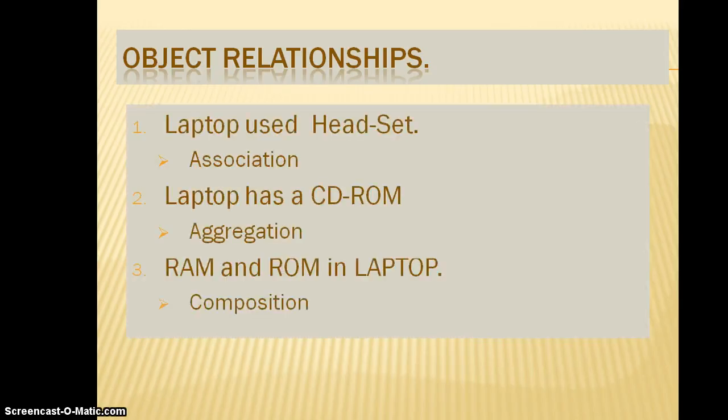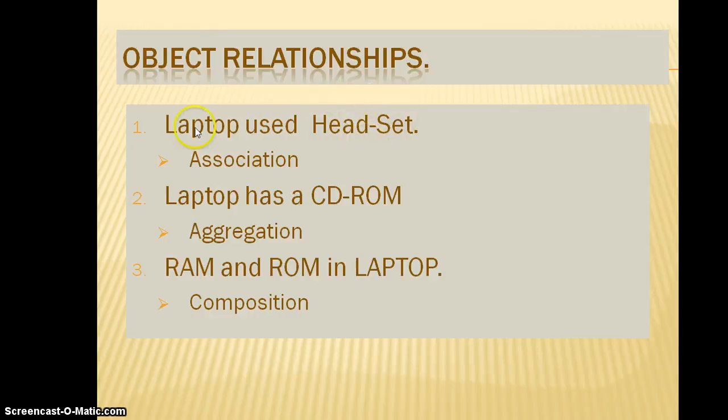Let us see an example: laptop uses headset is of association type. So it represents a relationship between two or more objects where all the objects have their own life cycle and there is no owner. Here laptop is individual and headset is individual.